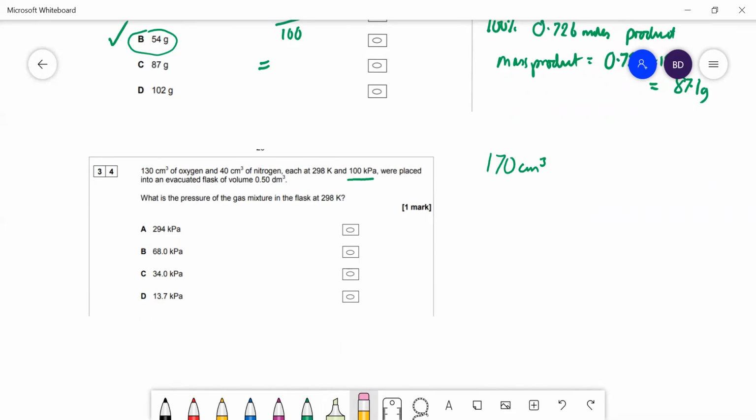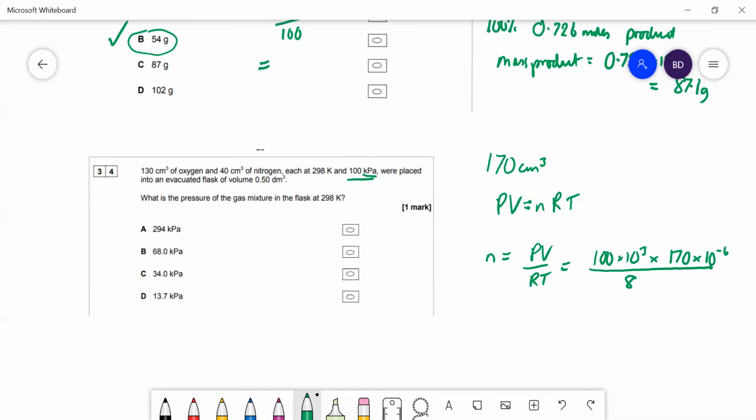So PV is nRT, n is equal to PV over RT. So we've got 100 multiplied by 10 to the 3 because it's kilopascals, we need it in pascals, multiplied by the volume, which was 170. Turn it to meters cubed, so divide by a million, divided by 8.31 and 298 Kelvin.